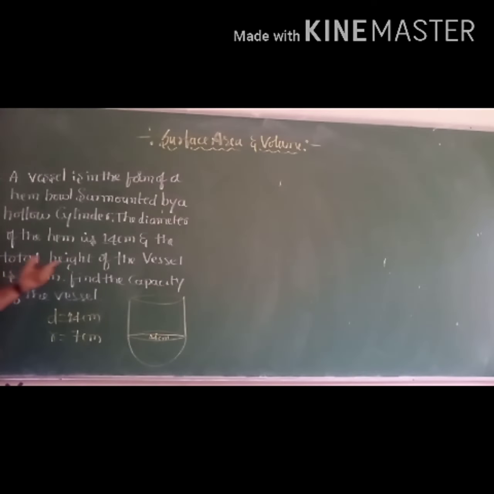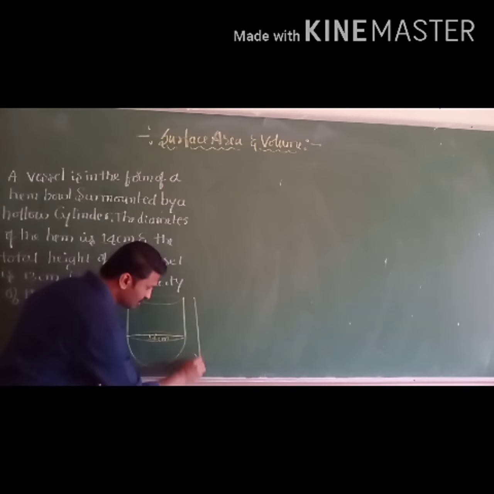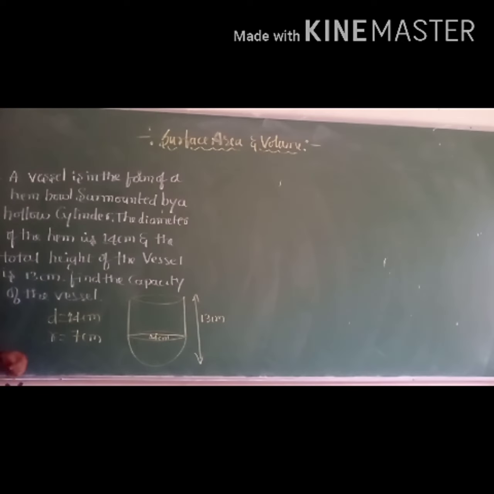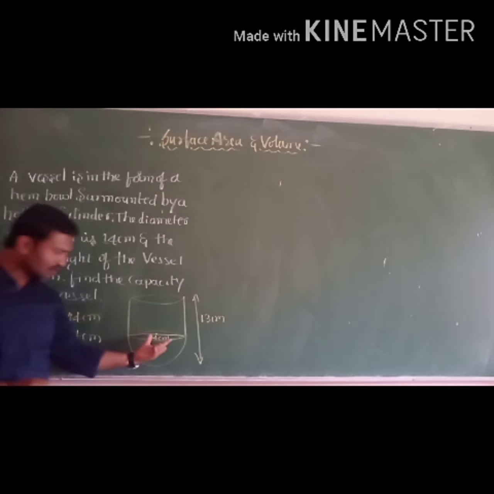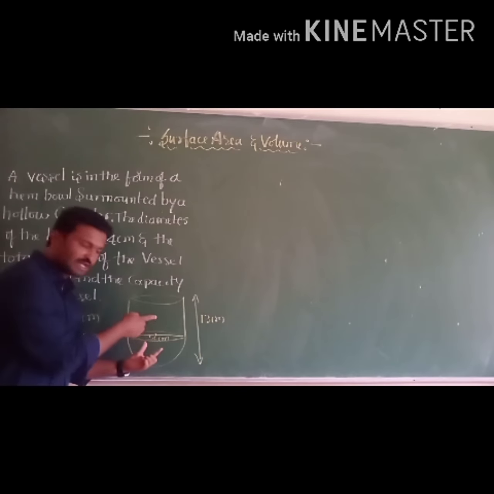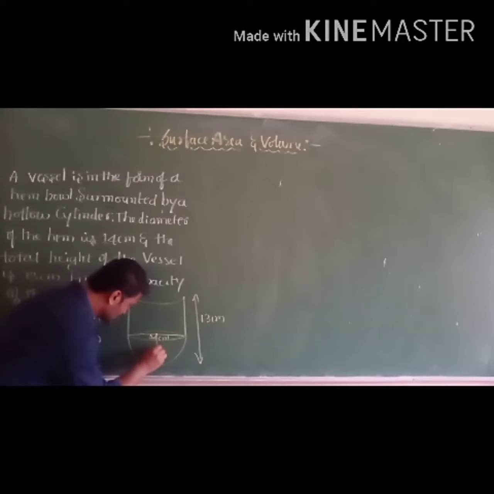And what else is there? The total height of the vessel is 13 centimeter, from here to here. We just got the radius of this hemisphere, and the radius of the hemisphere and the cylinder are one and the same, 7 centimeter.